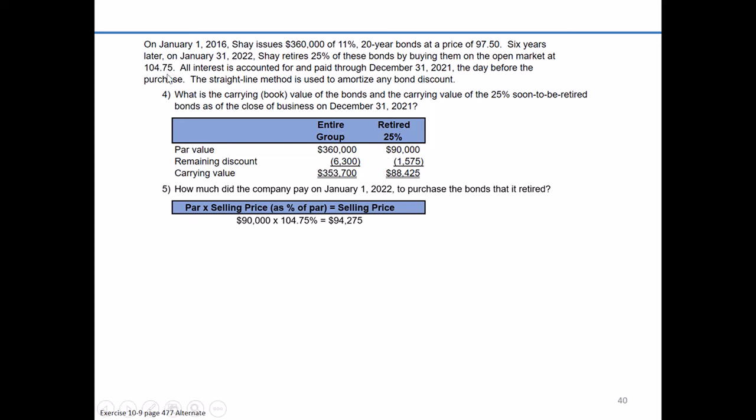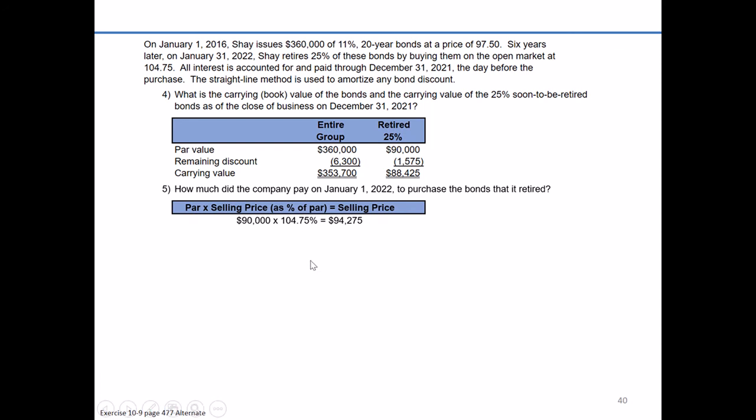Over here it indicates that they had to buy it back at 104.75%. 90,000 times 104.75% equals $94,275. So that's how much they had to pay in order to retire them early. And it makes sense that you would have to pay a premium because the bondholders expected to get interest for that additional period of time. So it makes sense to have to pay them a little bit extra to retire it early.